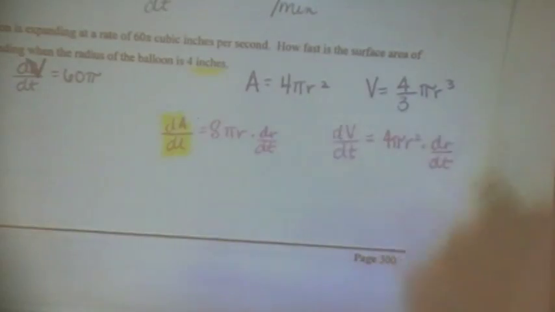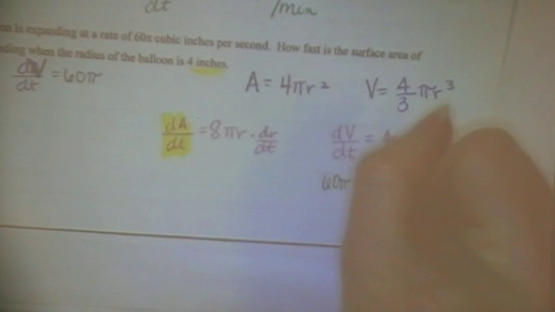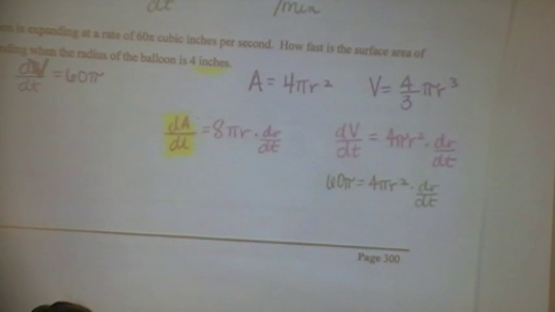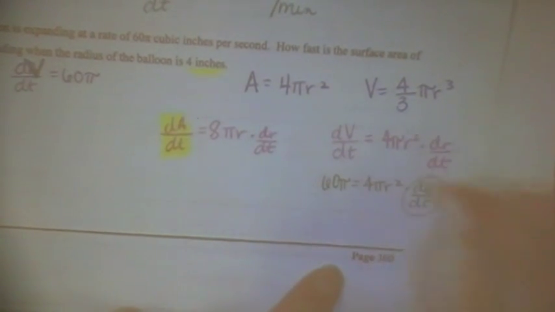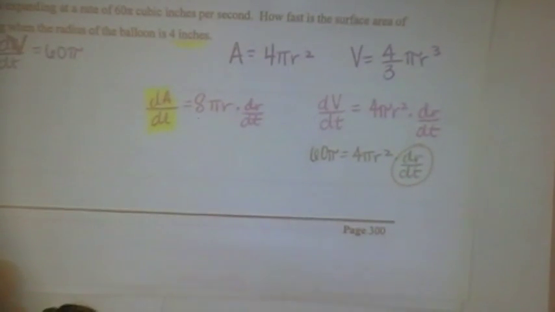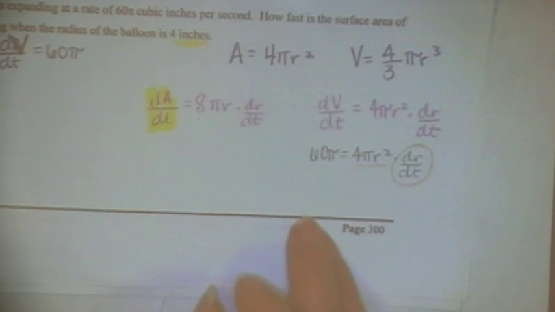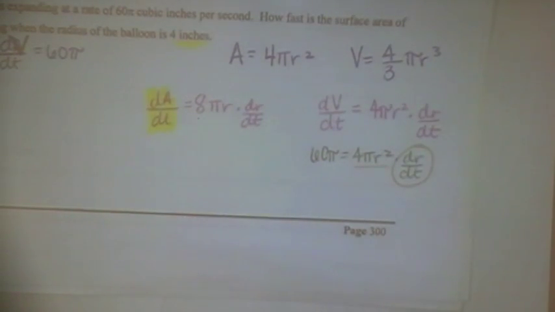So dV/dt is 60 pi. And now I am solving for dr/dt. I need to get this by itself, so I'm going to divide by 4 pi r squared.